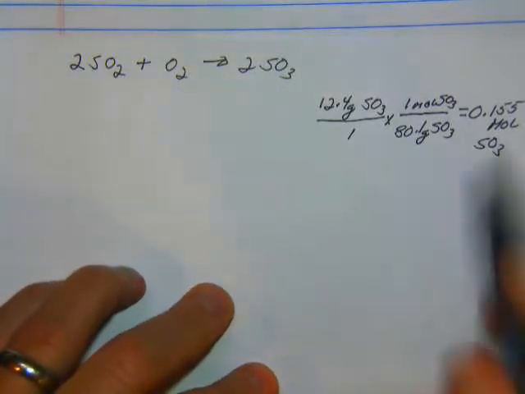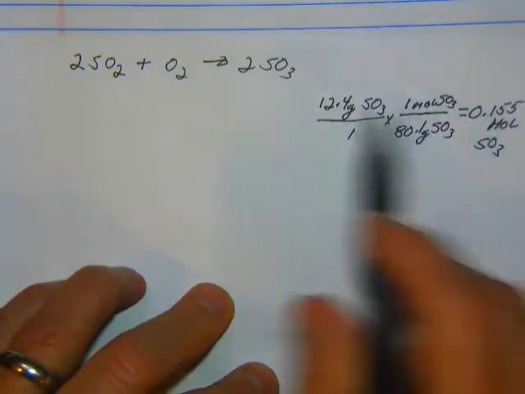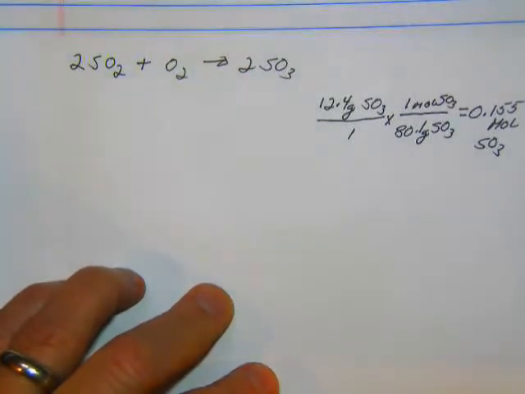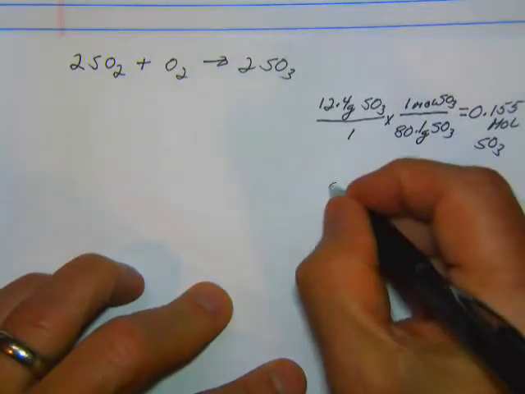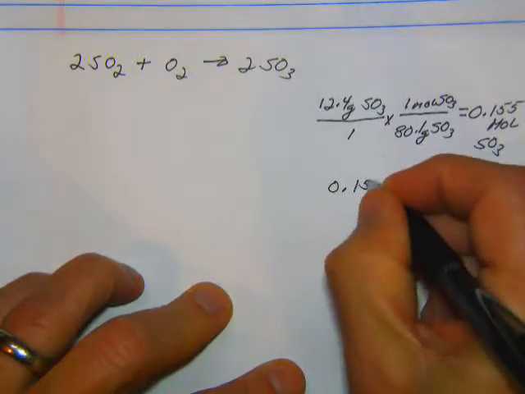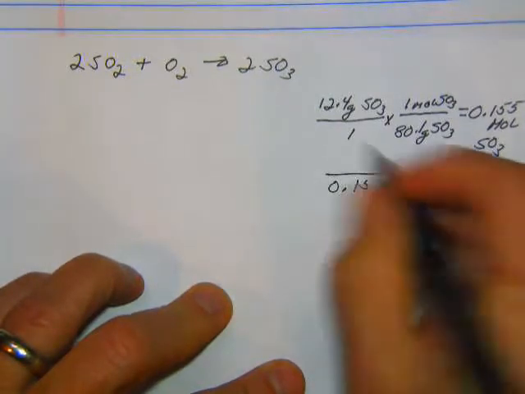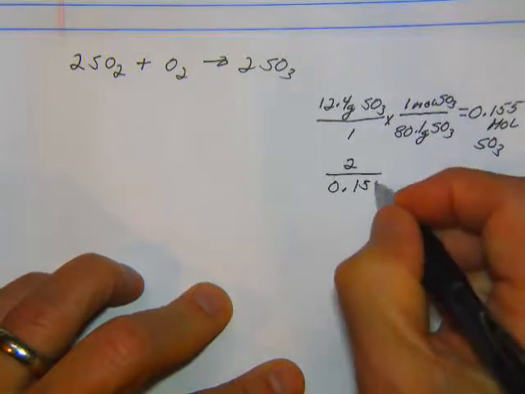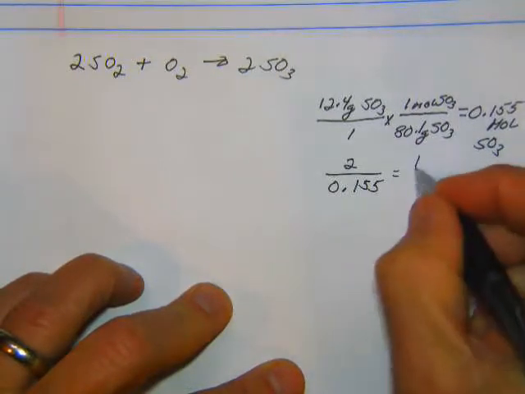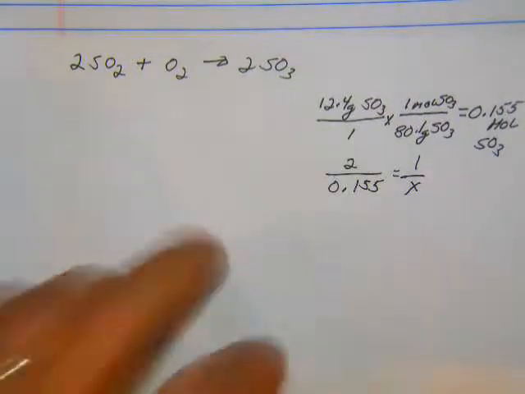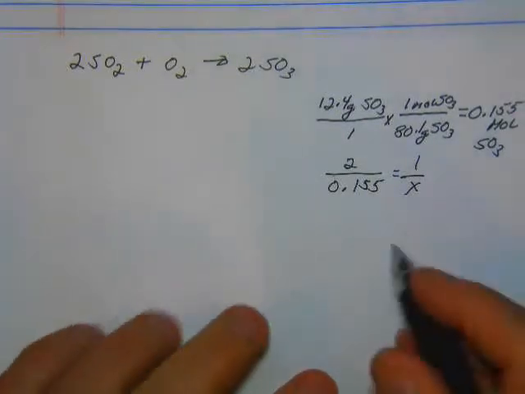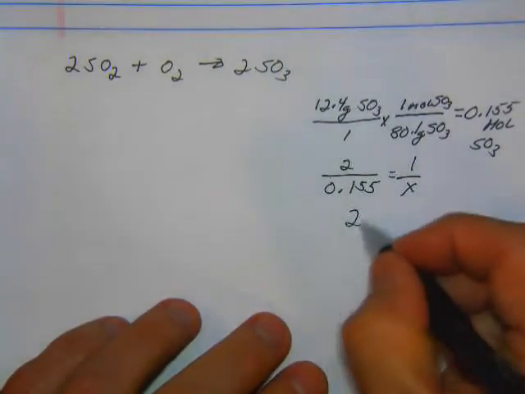So that's how many moles we have for a coefficient of 2. We want to see how many we have for 1. So a coefficient of 2 gives us 0.155, and we want to know what x is. If you wanted to go the other way, you could put the number of moles divided by the coefficient. You can do that. I just like doing it this way.